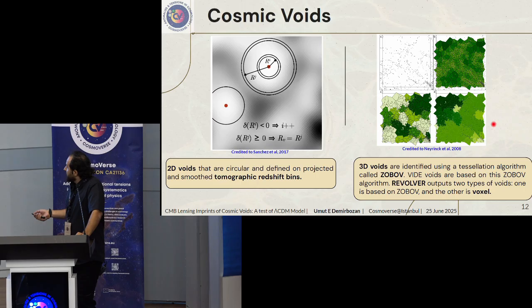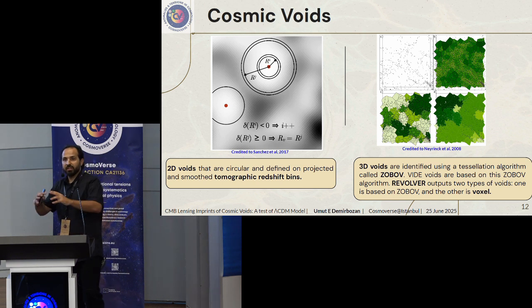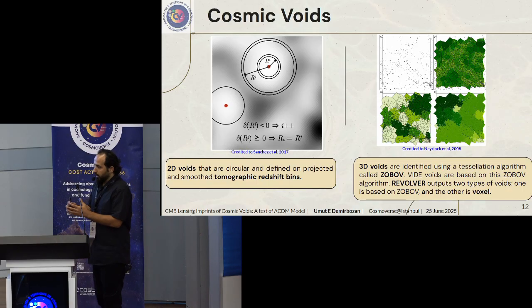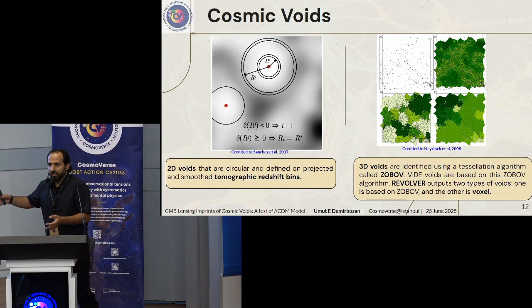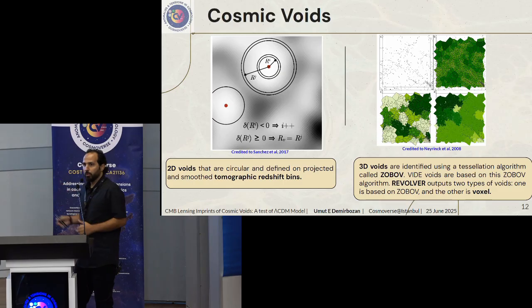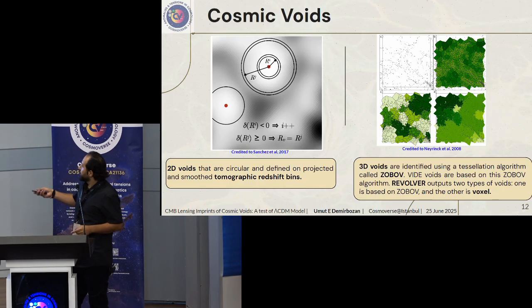On the right is the quite famous ZOBOV algorithm, zone bordering on Voronoi tessellation. Basically, you define a space around the galaxy that is free of other galaxies. So you basically have a 3D tracer density. This is projected onto 2D, but imagine this in 3D. Every galaxy comes with a volume, so the larger the volume, the lower the density. We identify the minima, and this is called a watershed algorithm. Then you check the adjacent Voronoi cells.